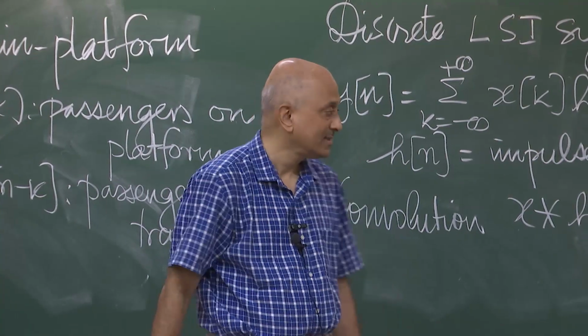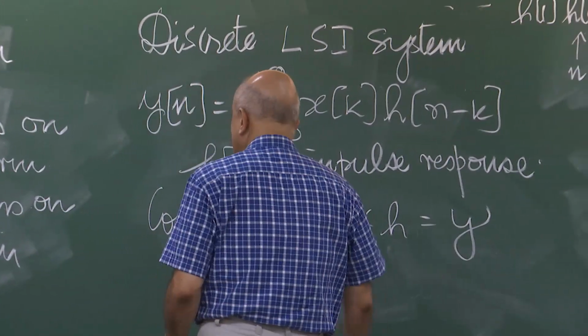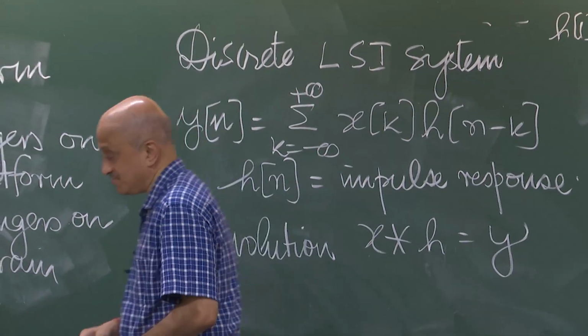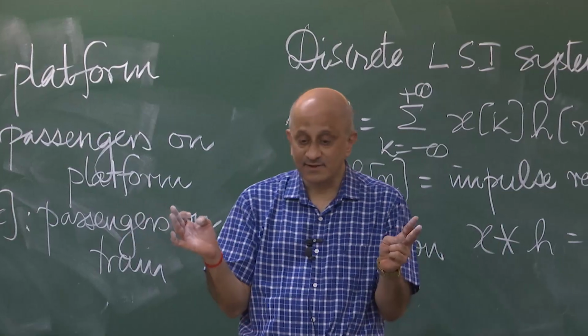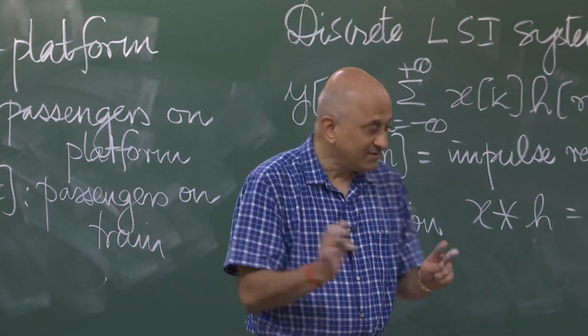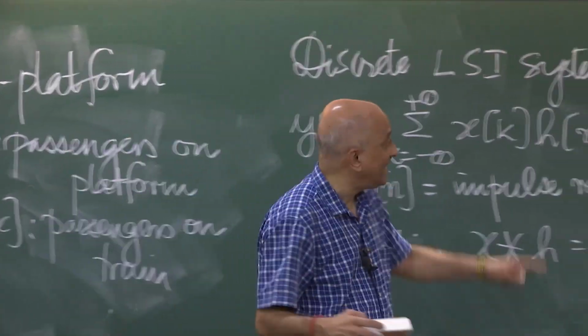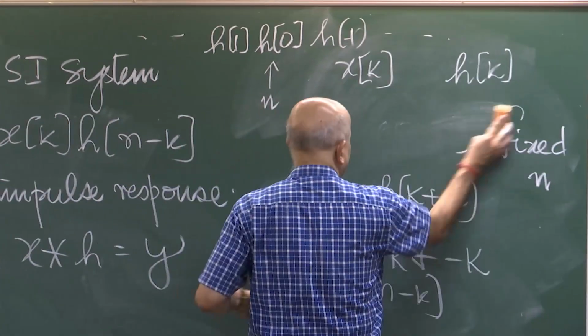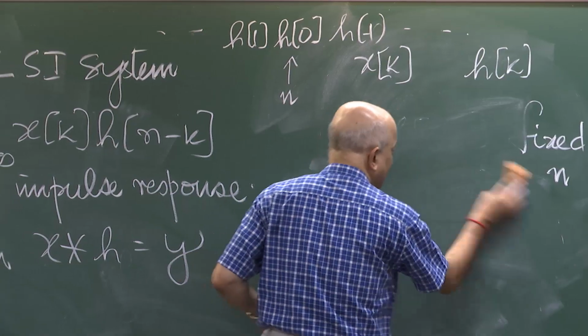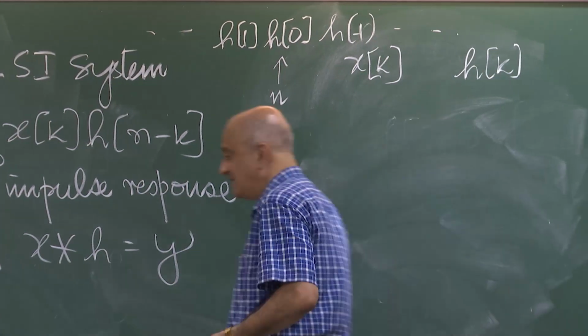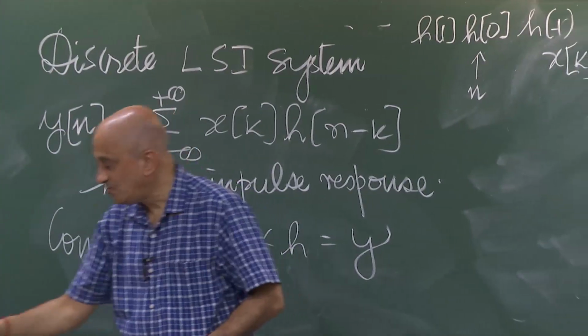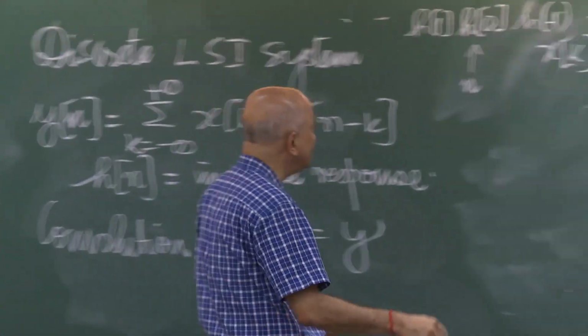Is that right? Now, how do you generalize this to continuous systems? First visualize what is happening. When you change n, you first reflected h in this manner, and then as you change n, you visualize that the engine is here.